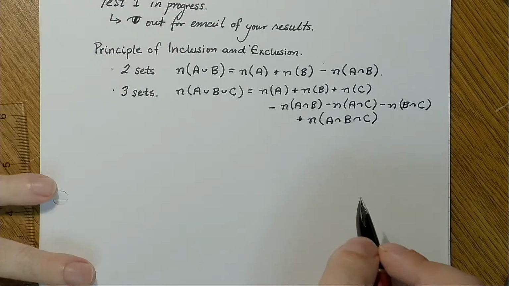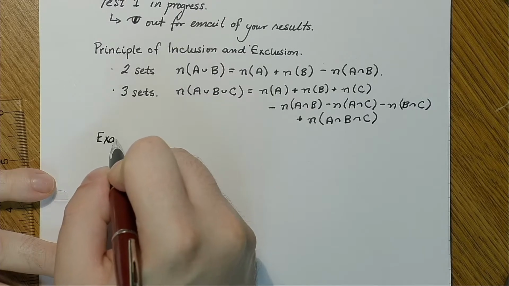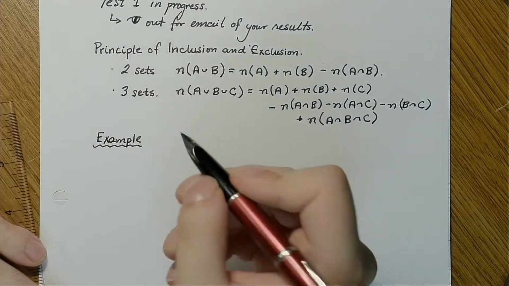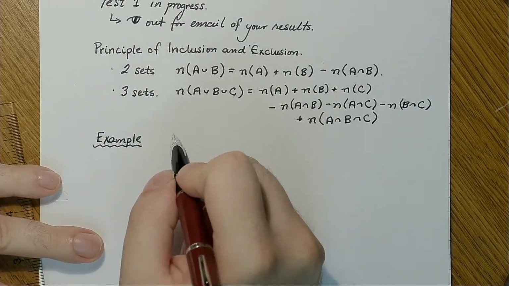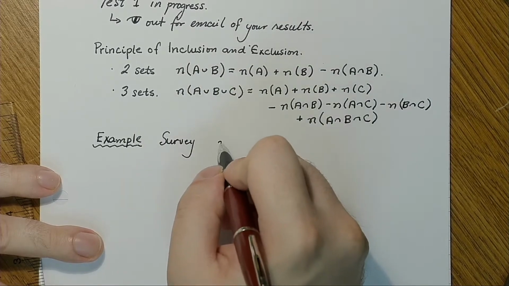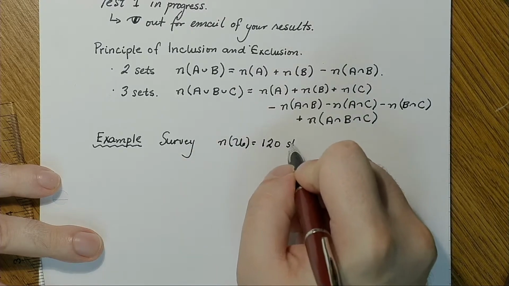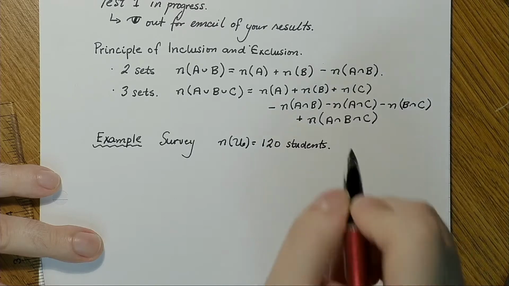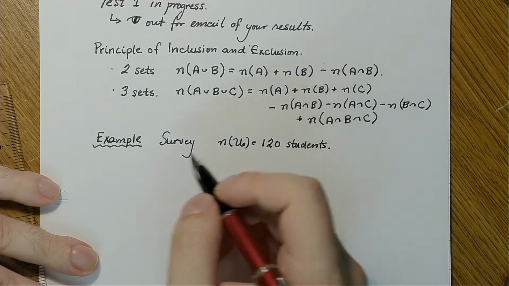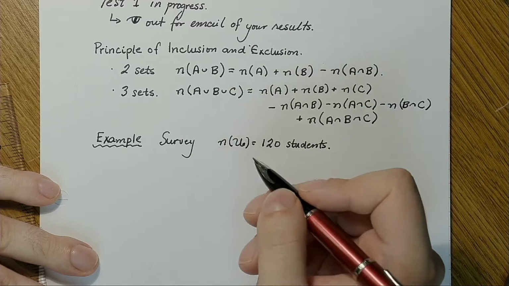So what our example was, is we're going to go back to using that example that we had previously. There was a survey of 120 students. So in this universe, there's 120 students. And we were told that 46 students have satellite radio.